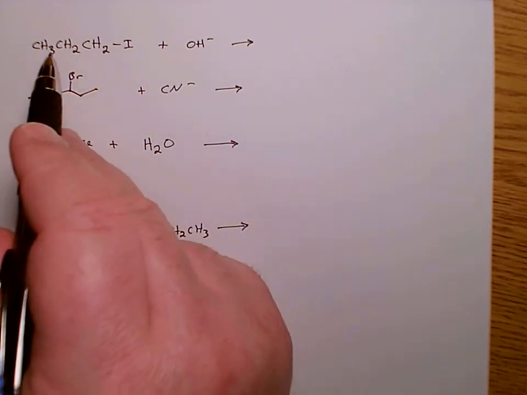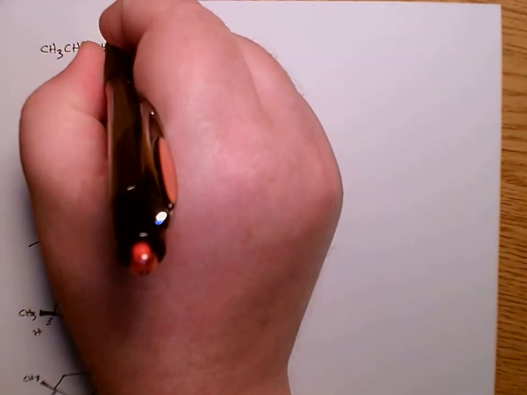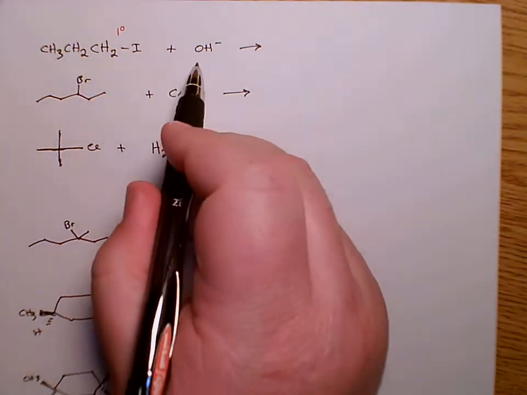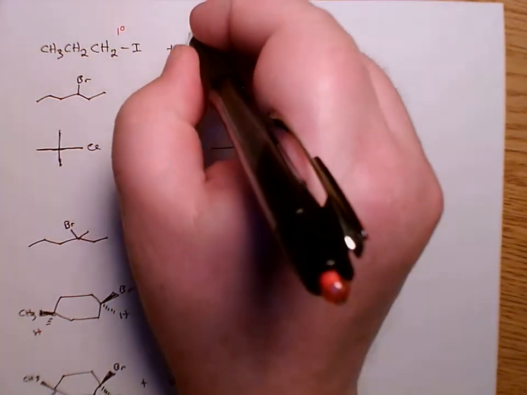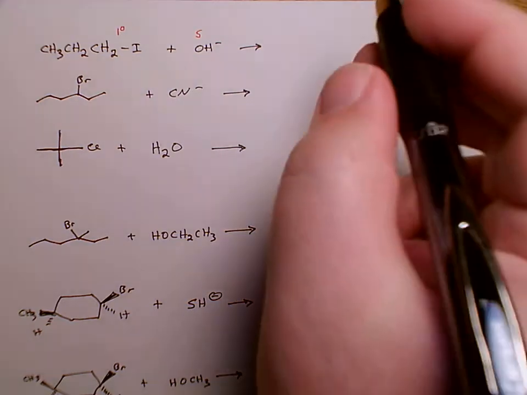Okay. Tell me about the substrate, primary, secondary, or tertiary. Well, this is a primary substrate, so already we're thinking SN2. Is this a strong or a weak nucleophile? This is a strong nucleophile. So, okay, primary substrate, strong nucleophile. This is an SN2 mechanism all the way.